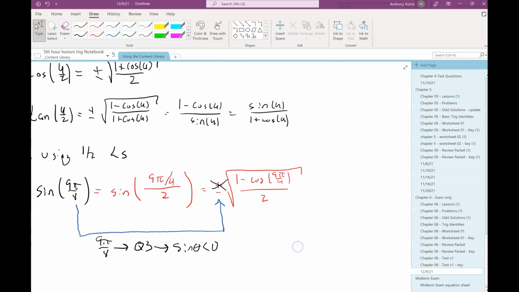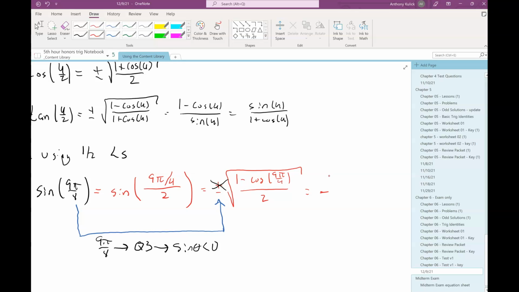All right. Next up, we'll go to the unit circle and try to look up cosine of 9 pi over 4, but oopsie-daisy, 9 pi over 4 is not a unit circle angle. Oh no, whatever do I do? I'll find something coterminal to it by subtracting 2 pi.